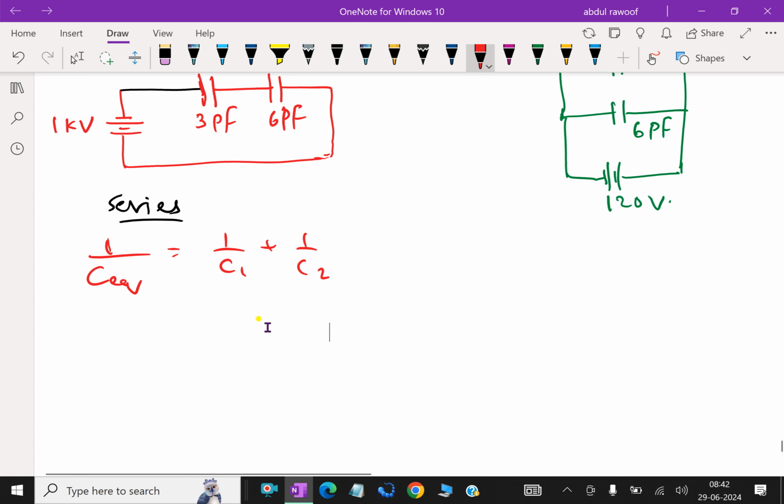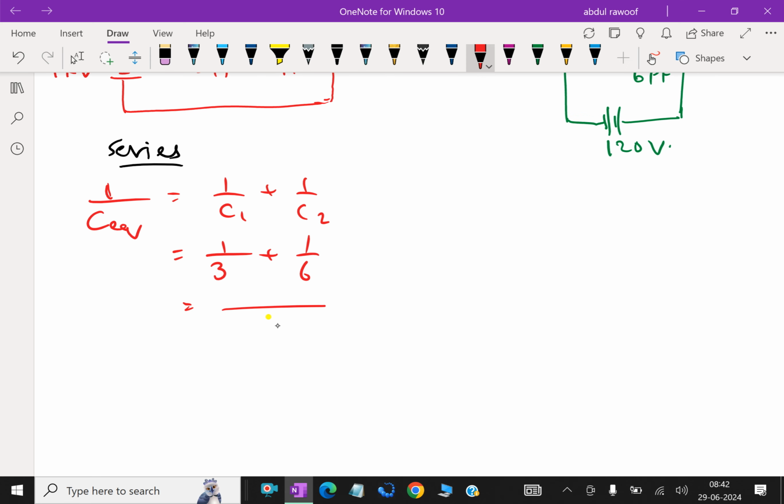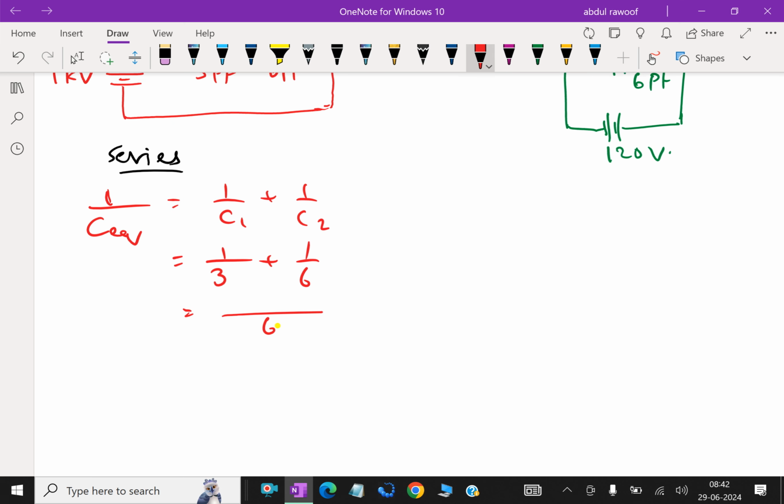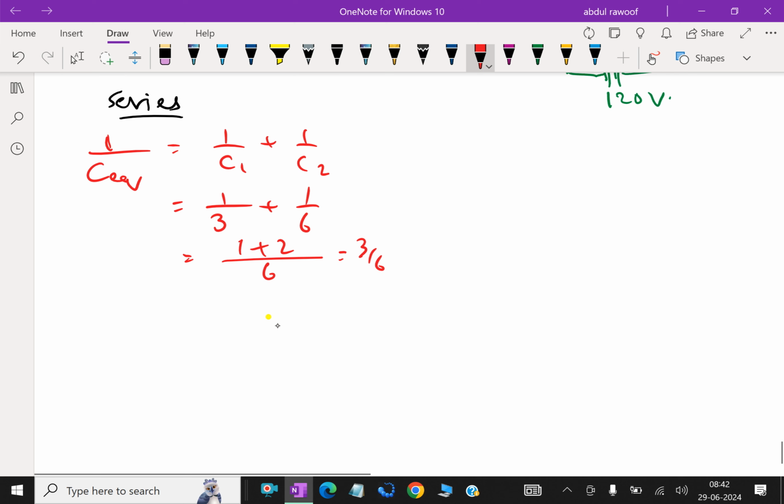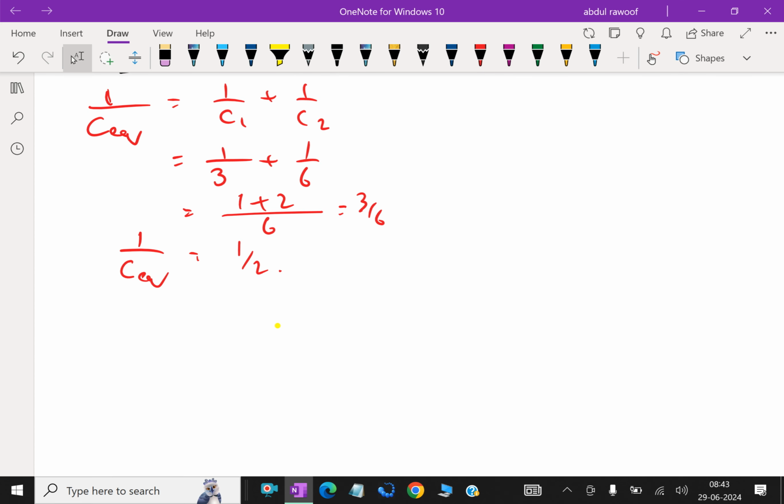This is the series combination, that is equal to 1 over 3 plus 1 over 6, which is equal to, 6 is the LCM, 2 plus 1, 3 by 6, that is half. 1 by C equivalent equals 1 by 2, therefore C equivalent is the reciprocal of that, 2 microfarad.